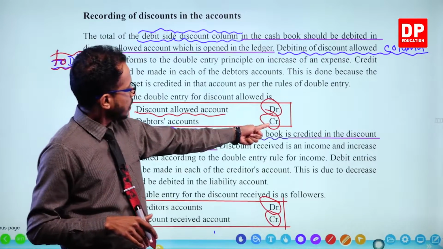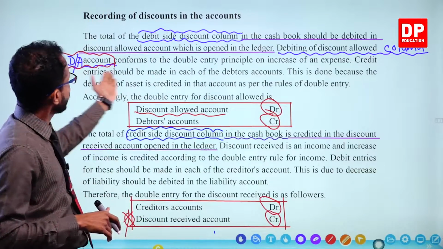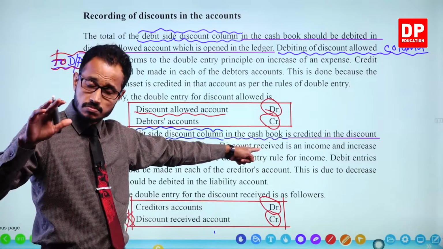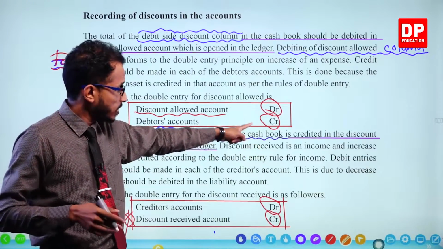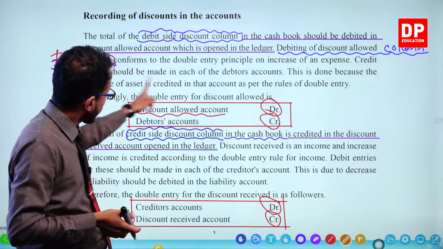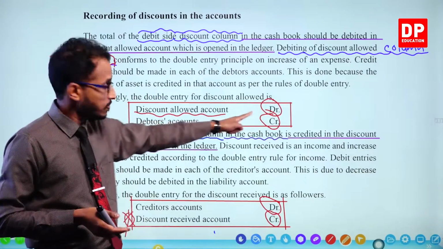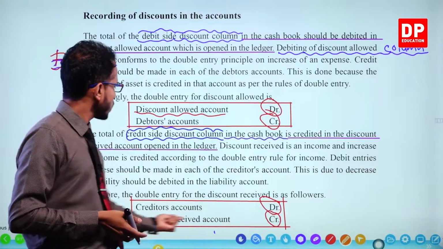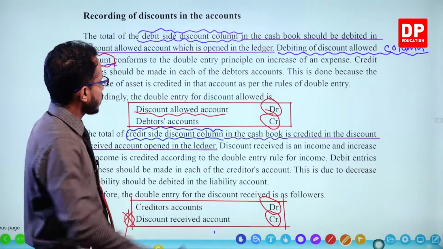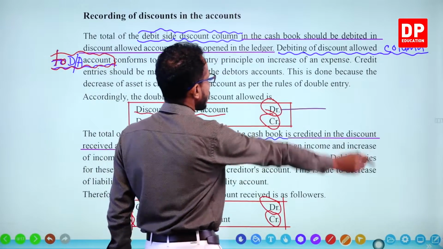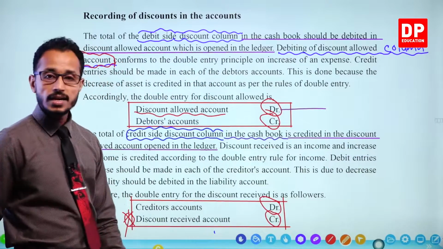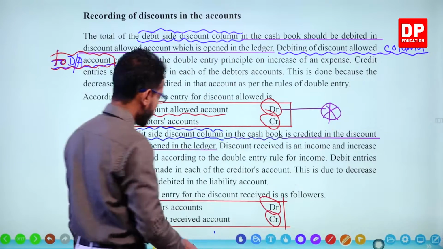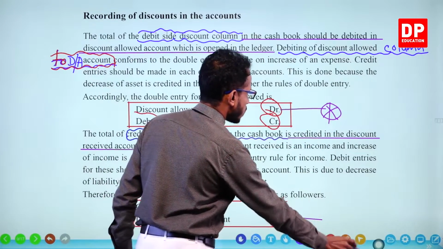Although we recorded the double entries with cash and the discounts, there is one more step: the recording of discounts allowed and discounts received. There should be a separate account called discounts allowed account, and a separate account called discounts received account.